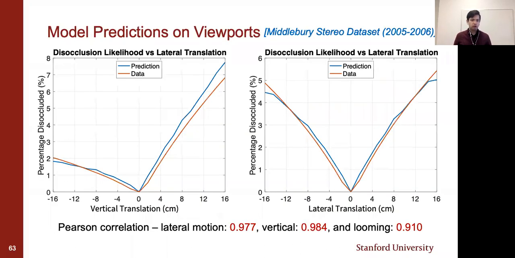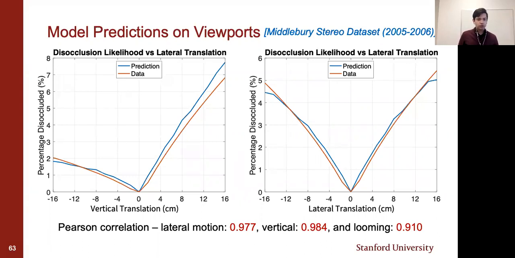Next, we tested this model on the Middlebury stereo dataset, where the input and output are both single viewport, and the output is translated with some translation magnitude and translation type. In each graph, the y-axis shows the percentage of the output view that's missing due to disocclusion holes, and the x-axis shows the viewpoint translation in centimeters.